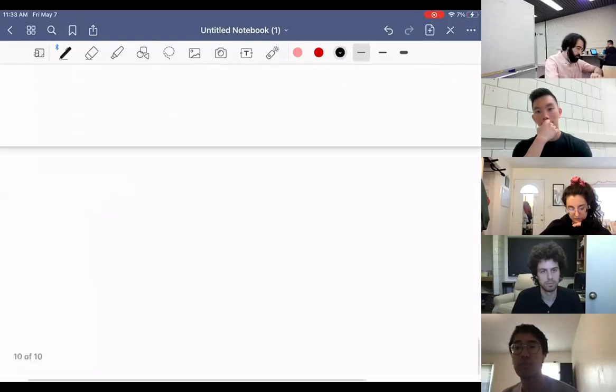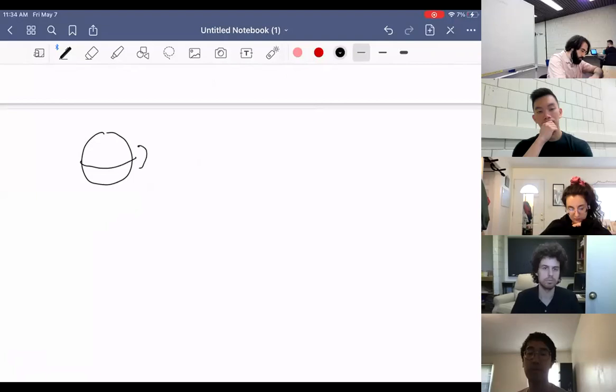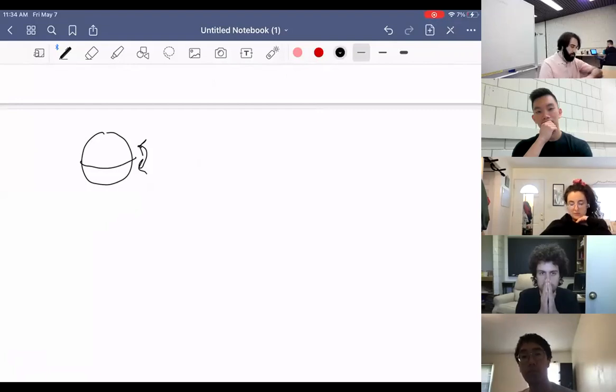So to show that the equatorial sphere is a minimal surface, all we do is we take the reflection symmetry, which obviously has a fixed point set of this equator. So boom, we found our first minimal surface.